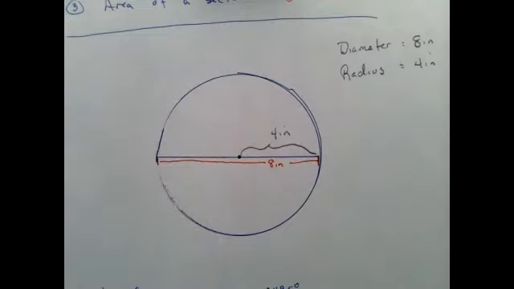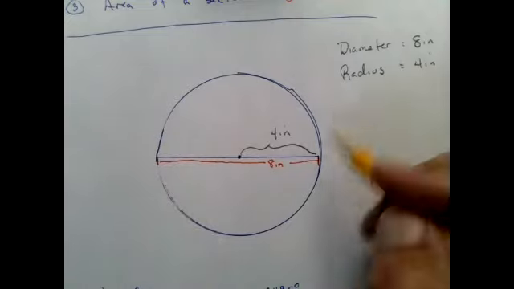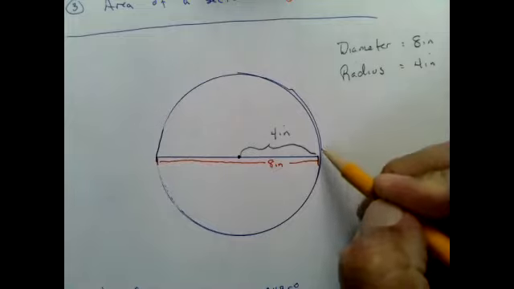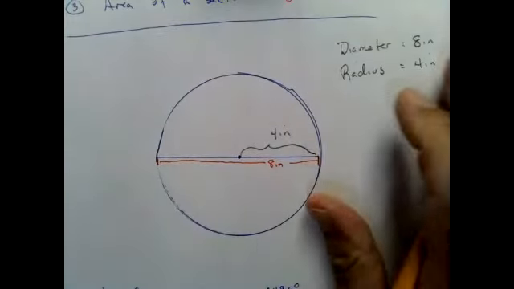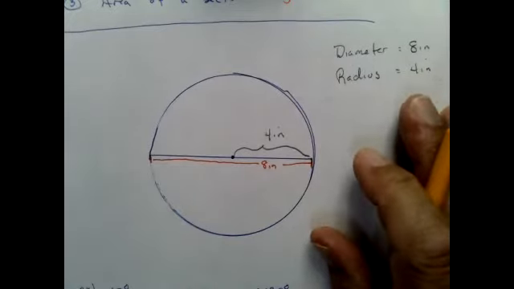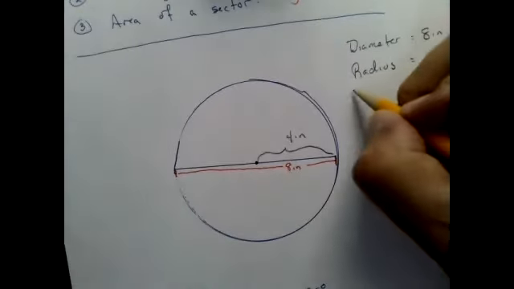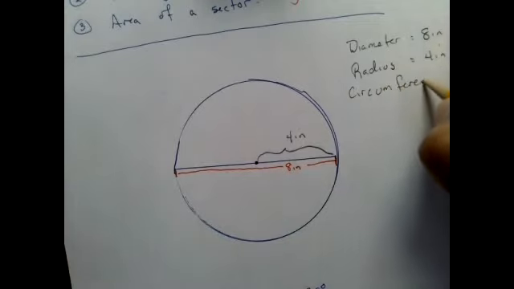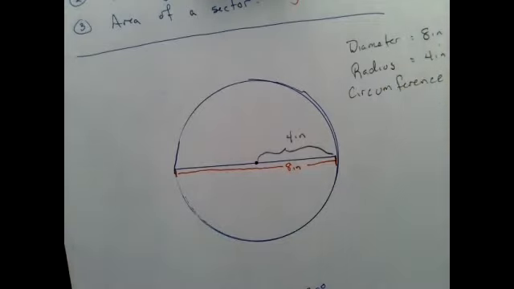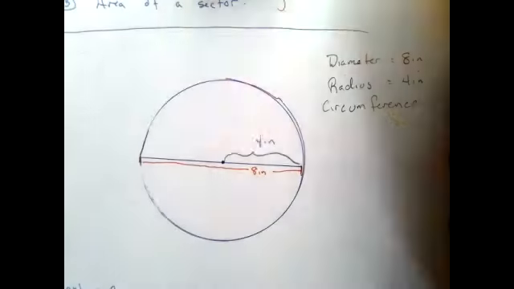So I started at a point right here, and I went all the way around the circle. Well, a lot of you know there is a name for that, and it's called the circumference. And when I measured it, my circumference came out to be just a tad over 25 inches.